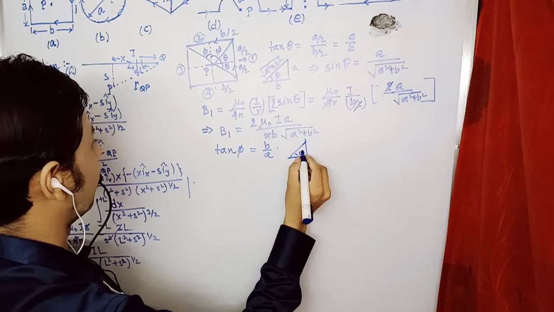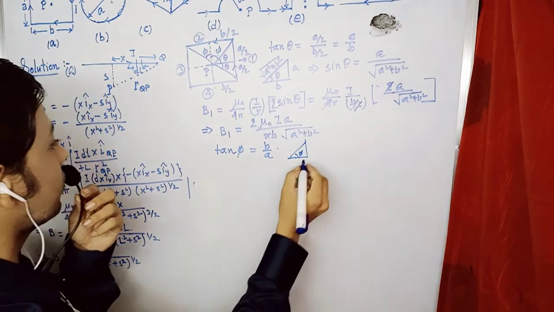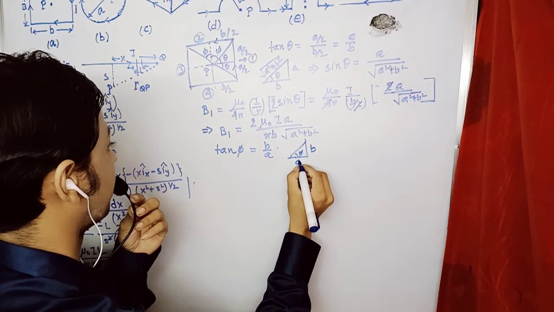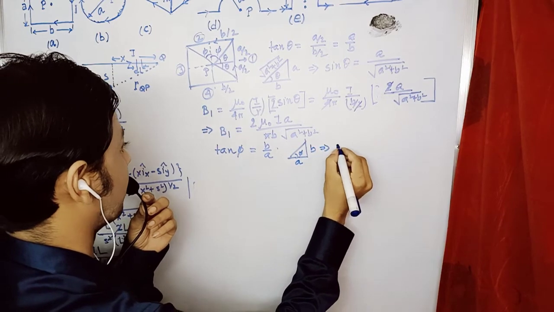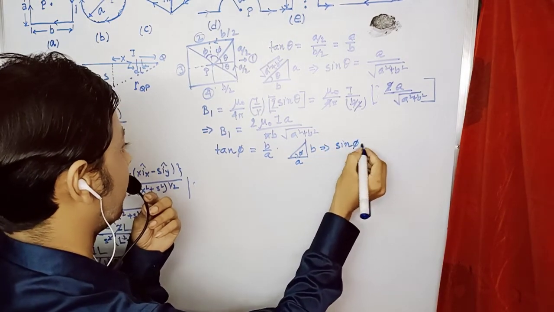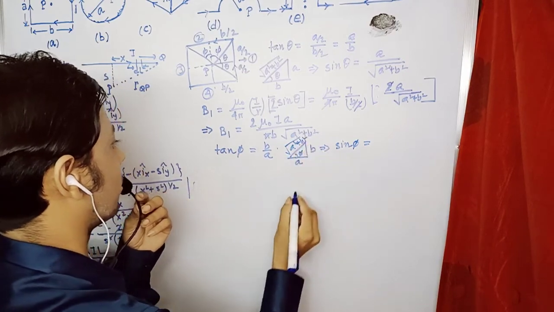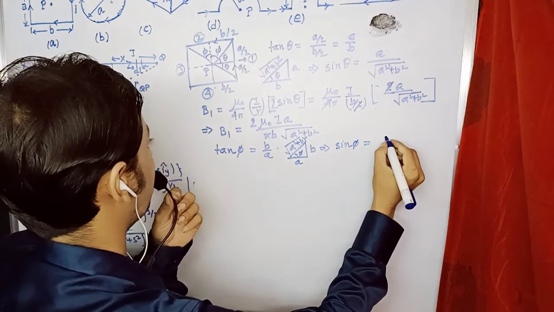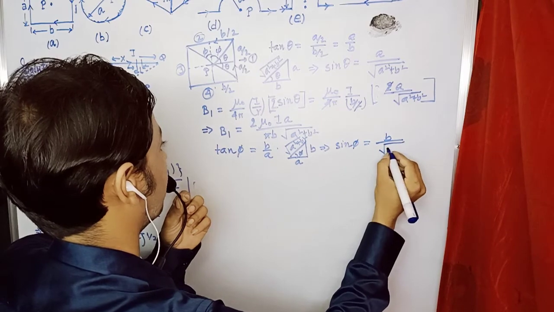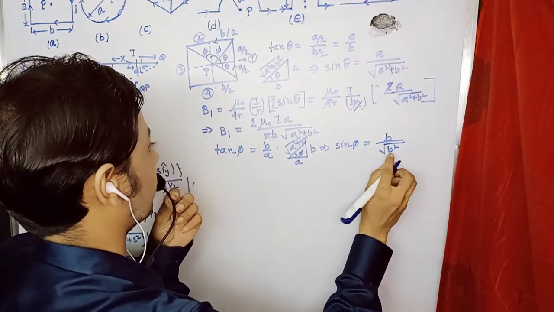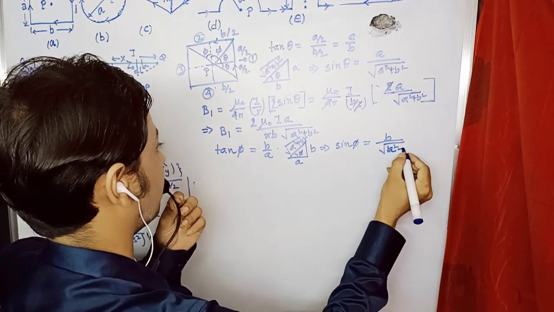So this is our angle phi, this is our height b, this is base a, or we can say sin phi is equal to b divided by under root a square plus b square.